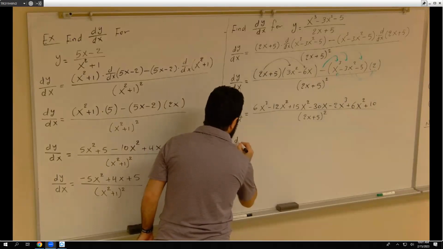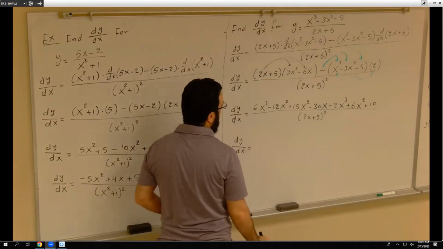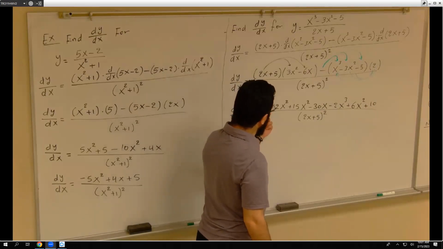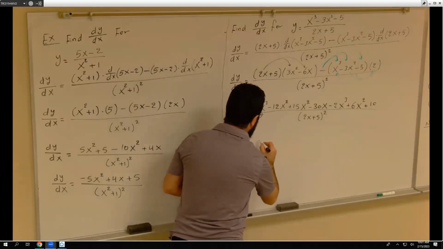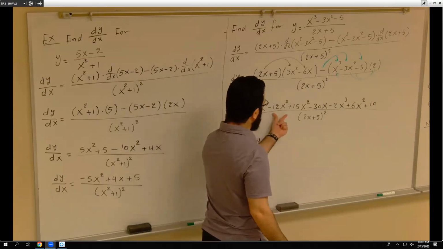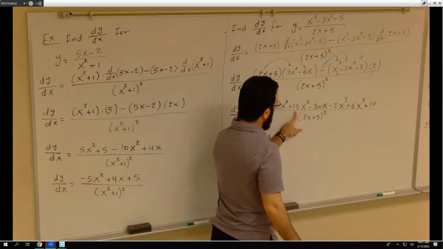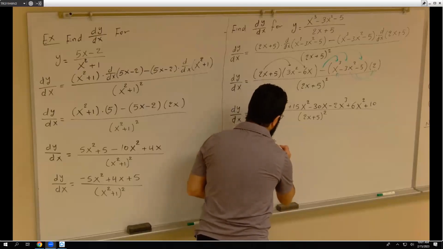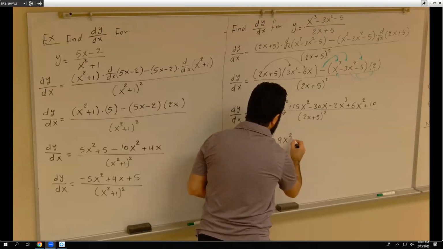So now, dy over dx is going to be equal. Combine the like terms on the top: have x cubed, and have x cubed. So 6 minus 2 is going to be 4x cubed. Negative 12x squared plus 15 is going to be 3x squared. 3x squared plus 6 is going to be 9x squared.